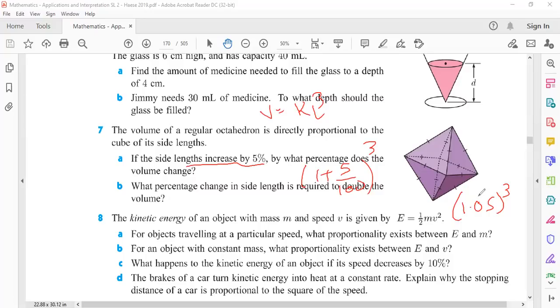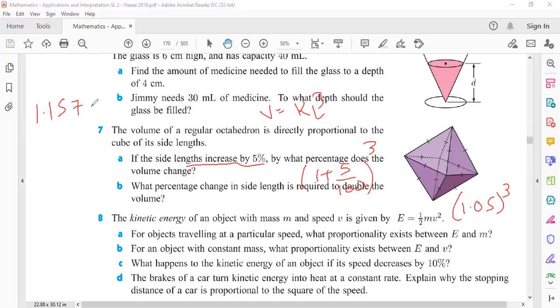1.05 cube. It's 1.16. 1.157. Okay, you got that only?